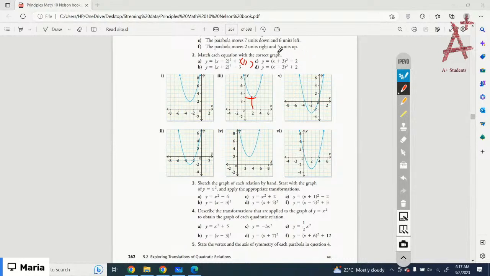Got it? Okay, B is (x plus 2) whole square minus 3. That means it is 2 left and 3 down.